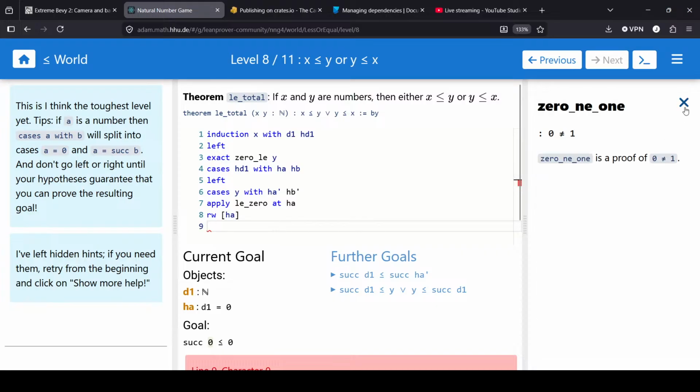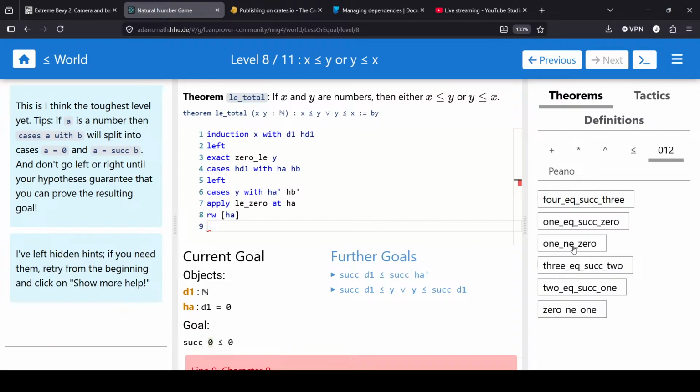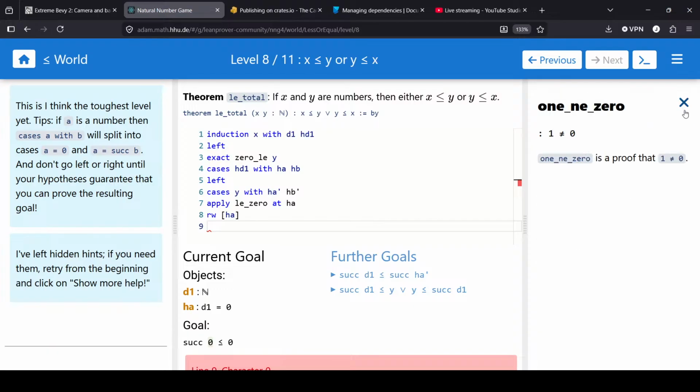But I was able to prove this at some point, right? Your goal is to prove it. You can't just say not to a goal. Yes, you can. Can't you? I'm pretty sure you can.